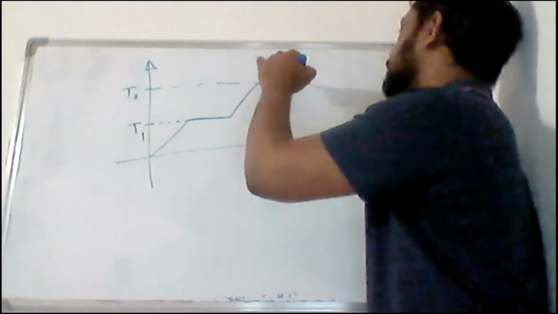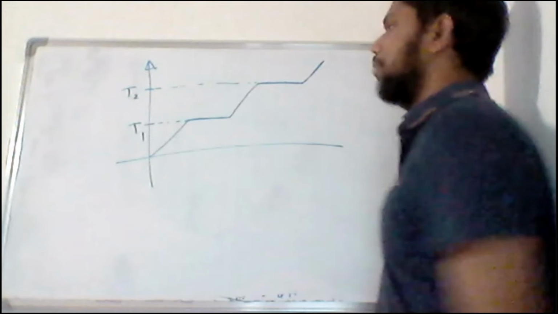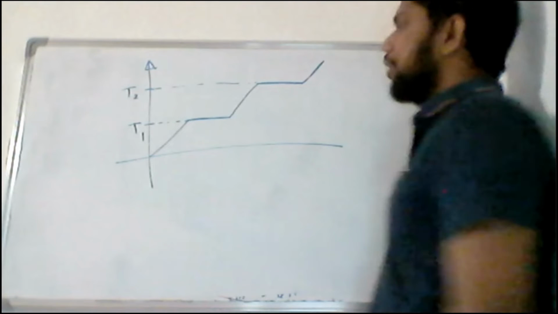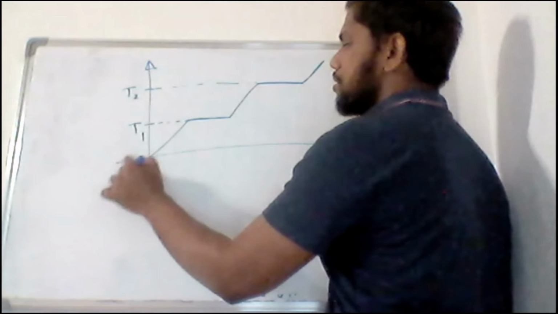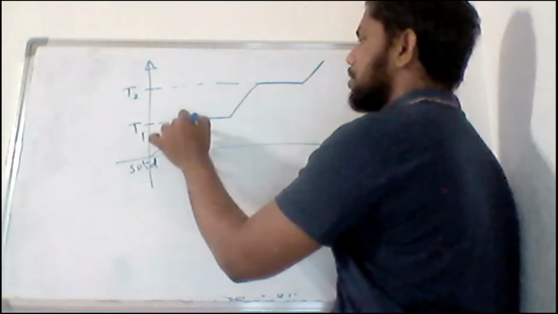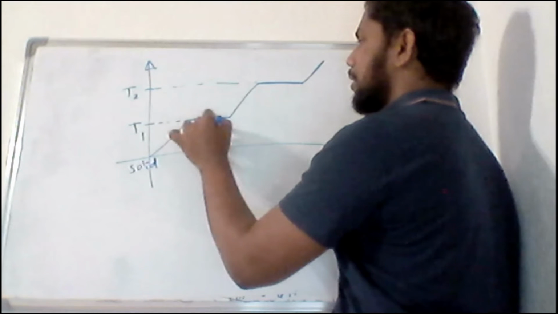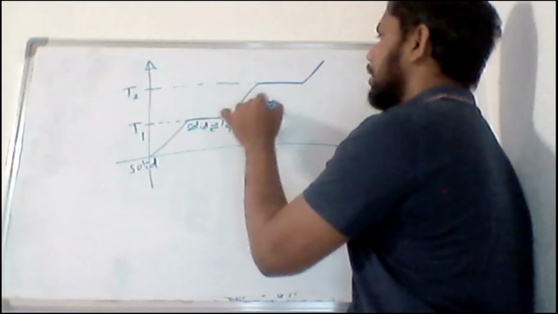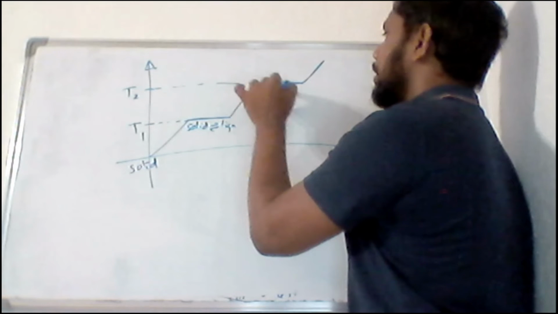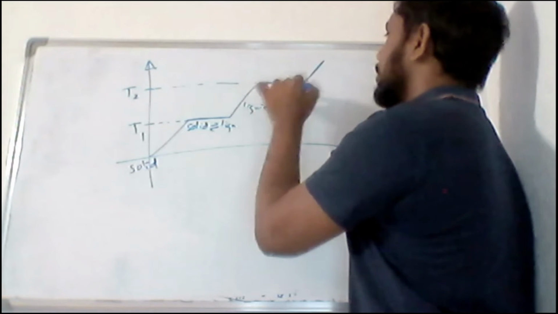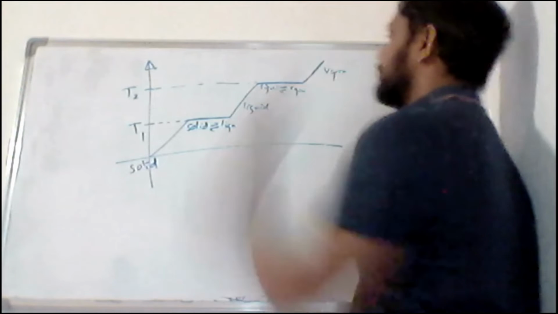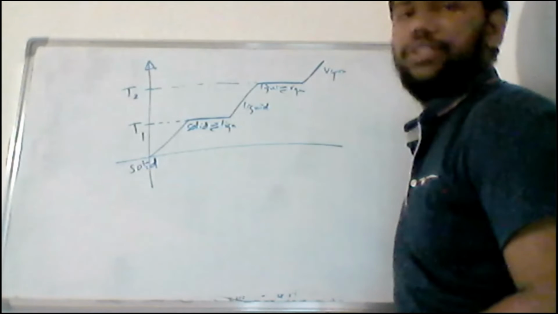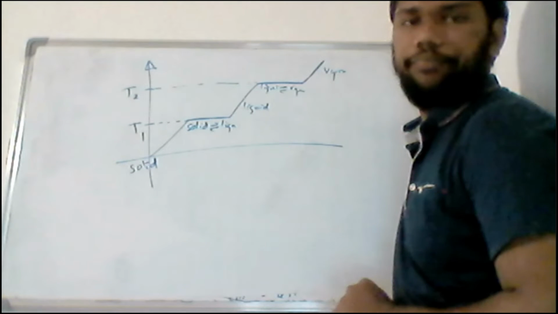Okay, and furthermore, you can heat it further. So when you have this solid, here is the solid-liquid equilibrium, and then here you have liquid, and here you have the liquid-vapor equilibrium, and you have vapor here. Okay, so this is what normally happens.